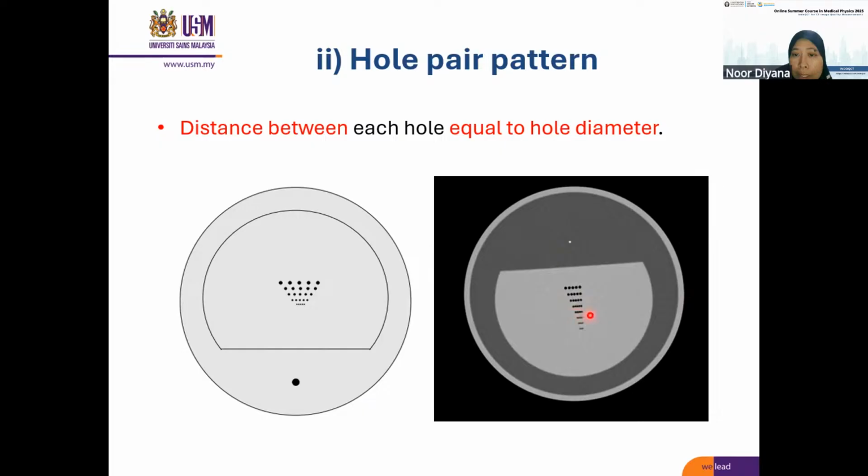For example, like this, if you can't see the gap, then you can't count it as a hole that you can see. So we take into account only the holes that are clearly resolved, same as line pair.